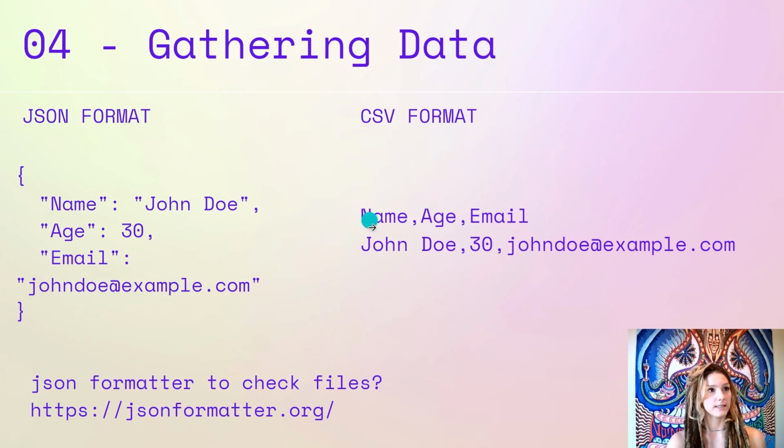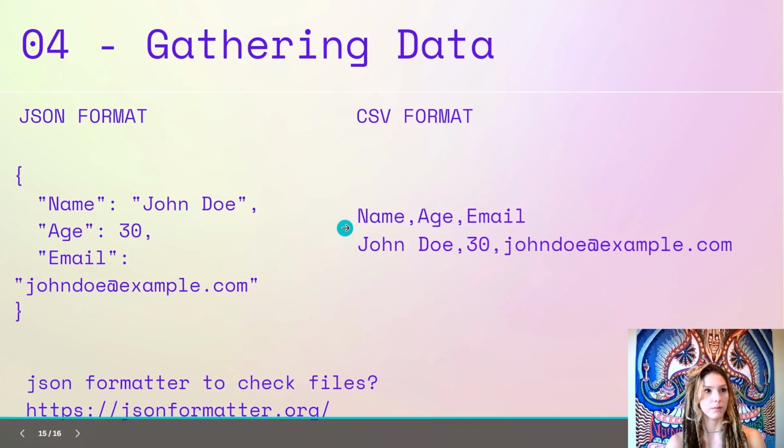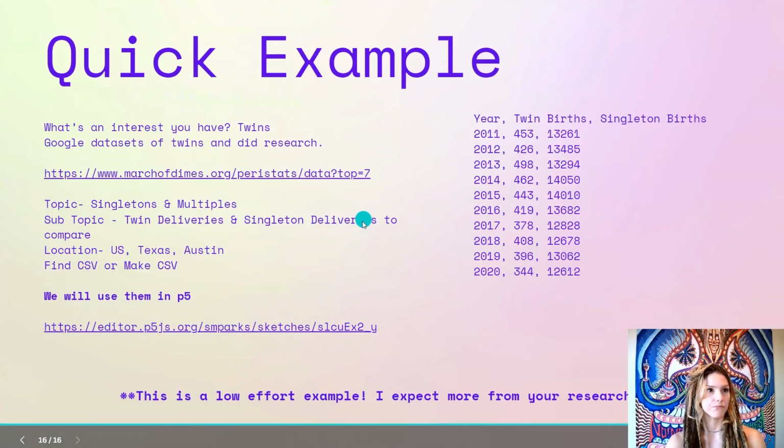And this is formatted as CSV, where you have the category header, name, age, email, and it's just separated by commas. So it's just two different ways of doing it. I don't know if one is necessarily better than the other, but we'll talk about CSVs today.